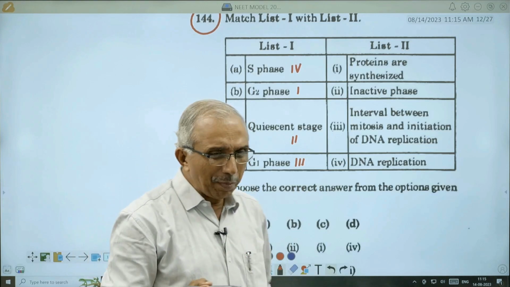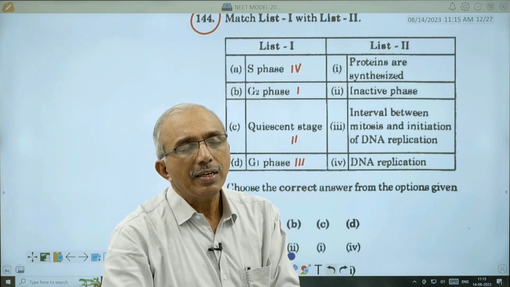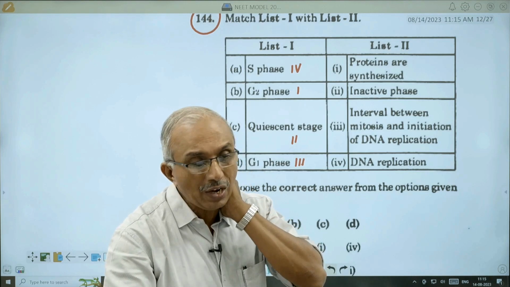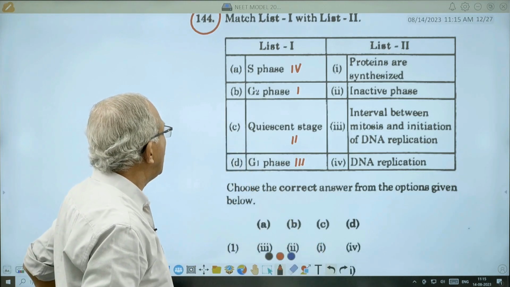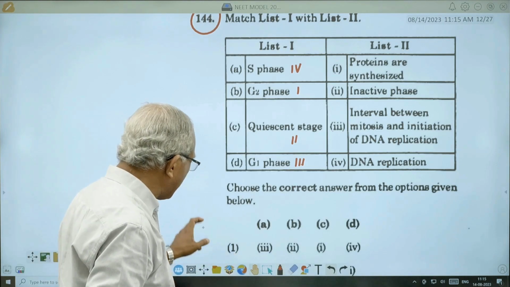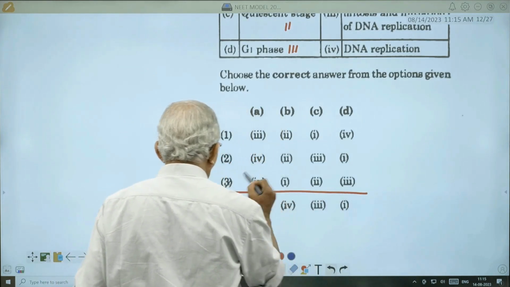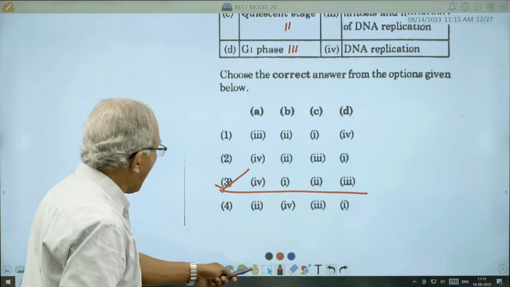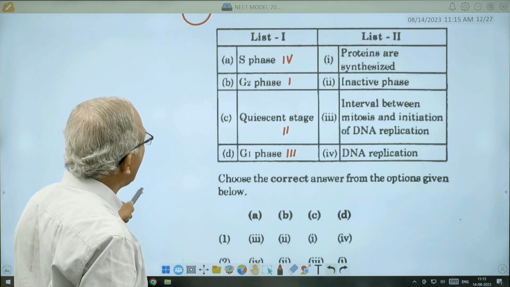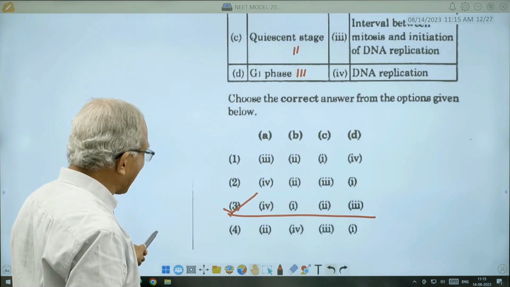That is the period between one mitosis and the next DNA replication, called the G1 phase. So the answer is 4, 1, 2, 3, option 3. A4, B1, C2, D3.